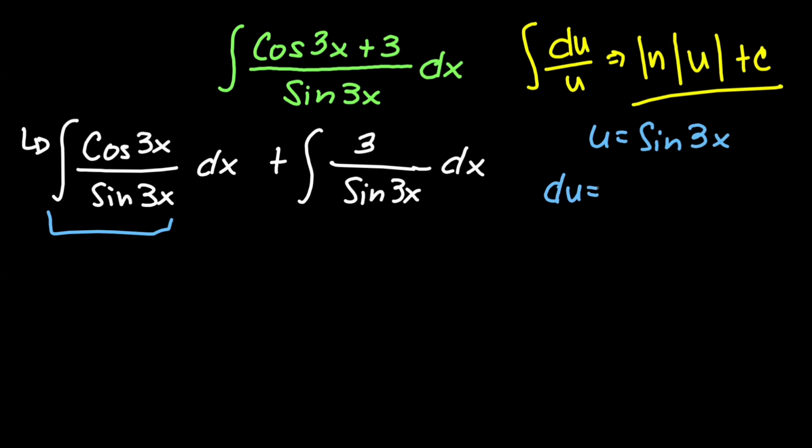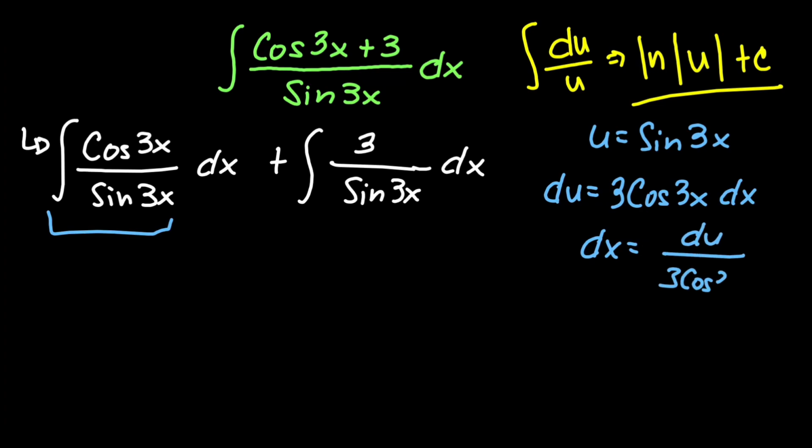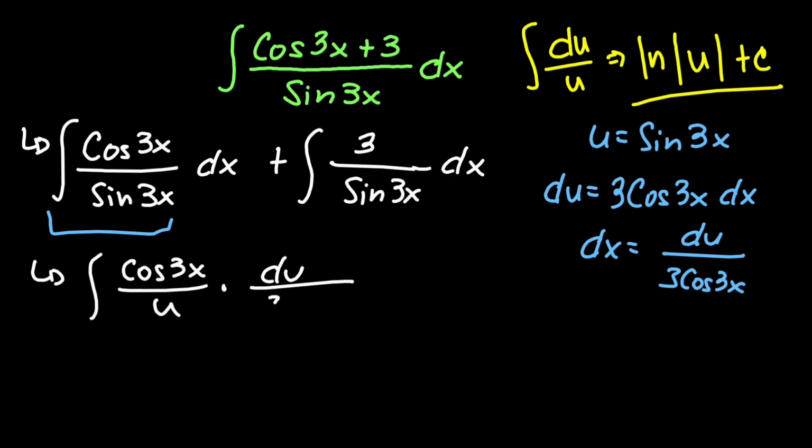The derivative of sine 3x, as we solved earlier, is equal to 3 cosine of 3x multiplied by dx. So dx right here would be equal to du over 3 cosine of 3x. So this would be equal to the integral of cosine 3x over u multiplied by dx, which is equal to du over 3 cosine 3x.